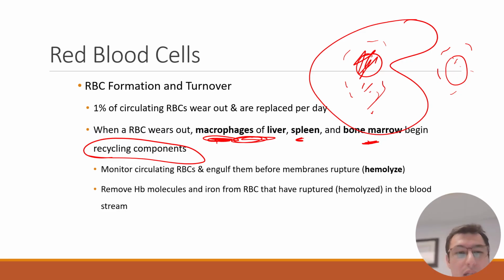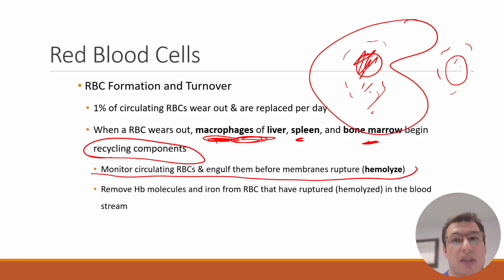All right. So these macrophages, in the liver, in the spleen, the bone marrow, they are monitoring those red blood cells and they hemolyze them when they are not good anymore. And they remove the hemoglobin molecules and iron after hemolyzed.